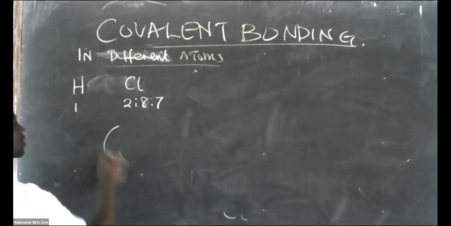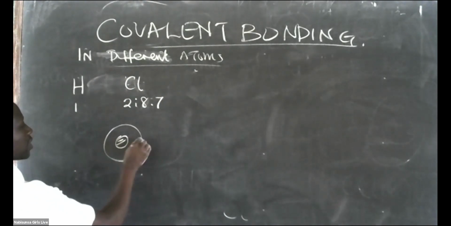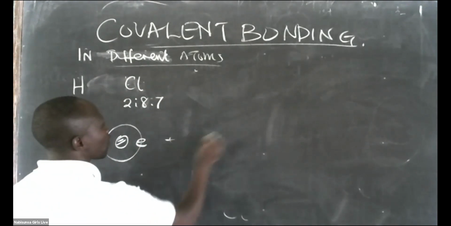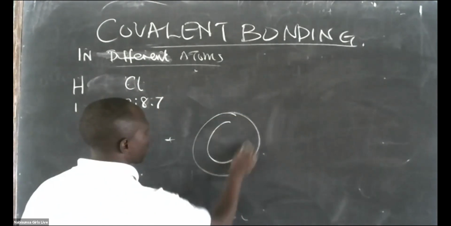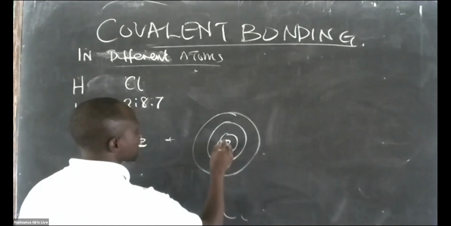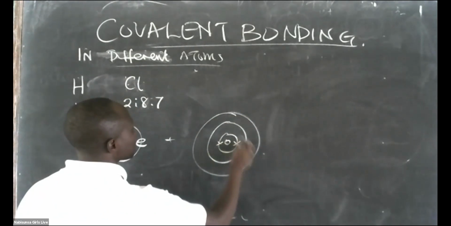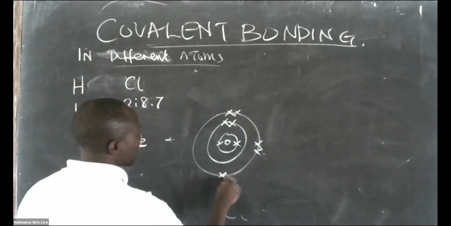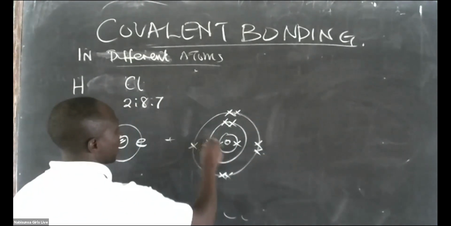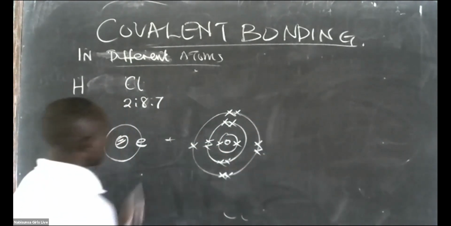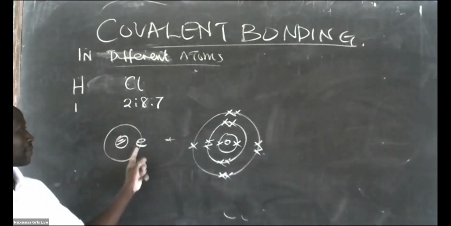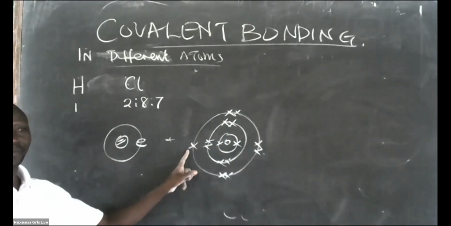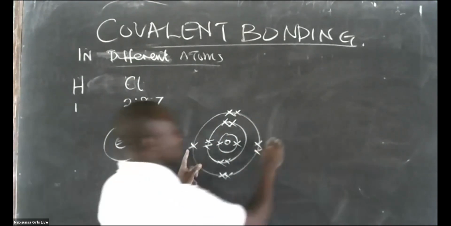So what happens? This is hydrogen. Now this is chlorine. So this is X, X, X, X, X, X, of course 7 outside. And these are 8. So you have seen, I need 1, you also need 1. So what will be the result?